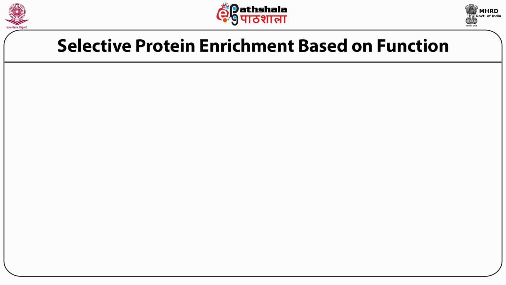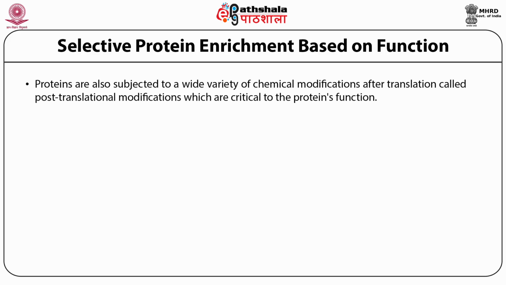Selective protein enrichment based on function. We have seen how we could be improving the quality of the proteomic sample by affinity chromatography to remove high abundant and moderately abundant proteins. Proteins could also be subjected to a wide variety of chemical modifications after translation, called post-translational modifications, which are crucial for the protein's function.